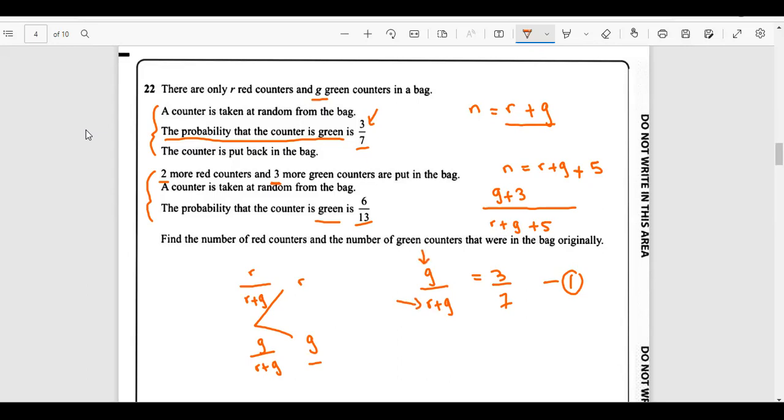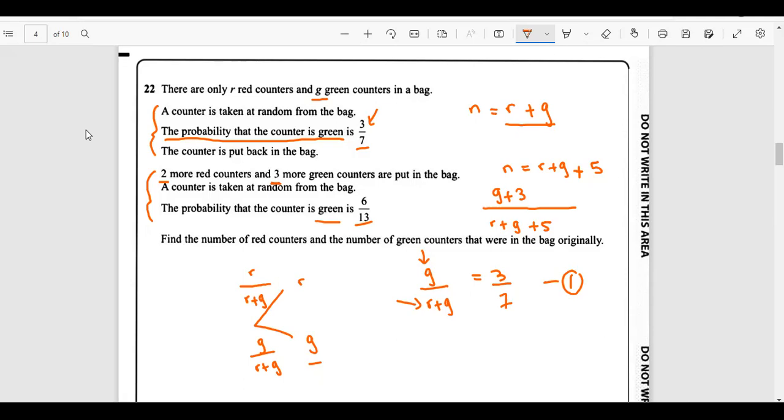The scenario changed, and now again we have a bag that contains R red counters and G green counters, because the counter is put back again in the bag. 2 more red counters and 3 more green counters are put in the bag. So in that old bag, we added 2 red and 3 green counters, basically 5 more counters. So the total number is going to become R plus G plus 5. The probability that the counter is green is 6 by 13.